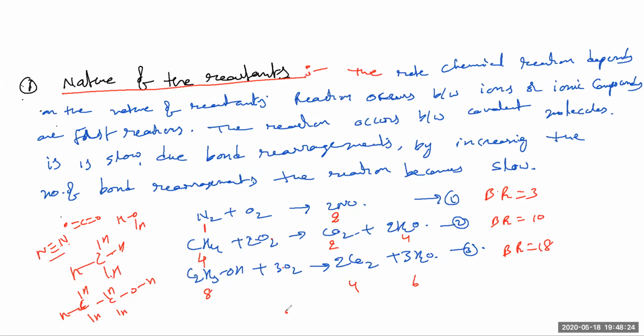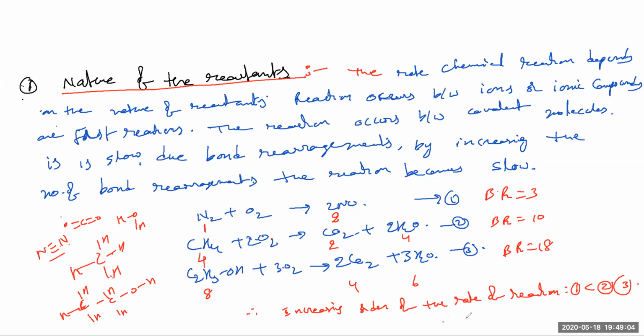Now what is the order of the rate of reactions? Increasing order, I'm writing. Therefore, increasing order of the rate of reaction. Come on, tell me. Increasing order means first you take the lowest.